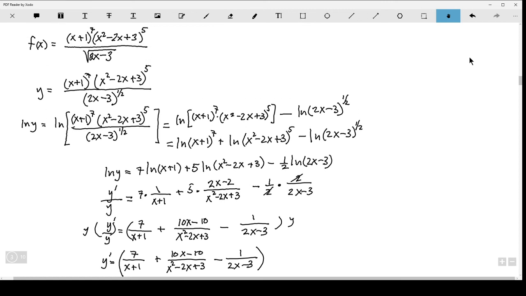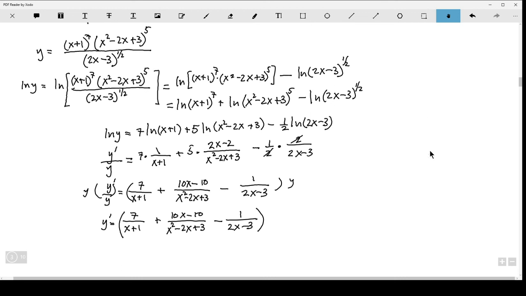sorry, I think a muscle car just went past my house. What is y equal to? Y is equal to this up here. All right, so when I put y back in, I think I can recreate that. I'll do it from here. Okay.